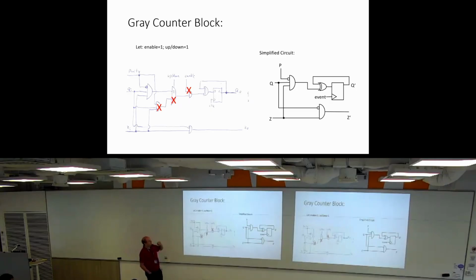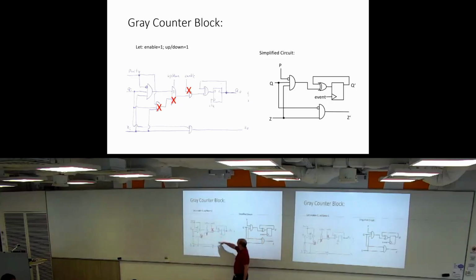The alternative is you implement this as direct logic, and without going into details, if you have time, you can go through this step by step, and you will see that indeed this forms a gray counter. The main point to see here is that this gray counter effectively has the event.